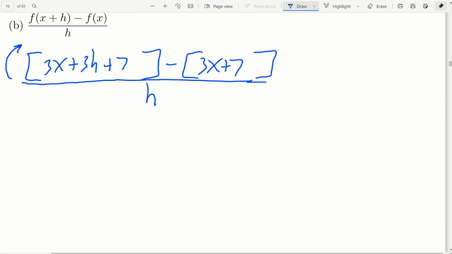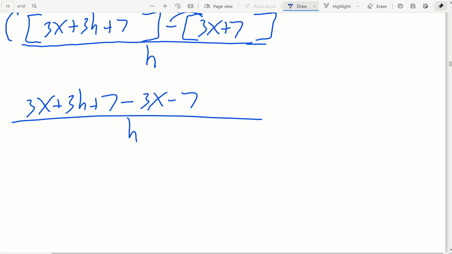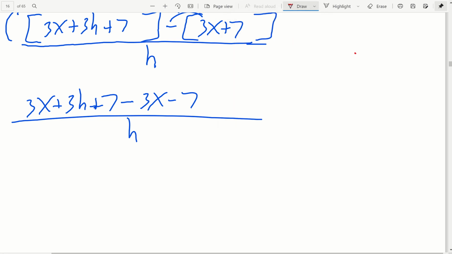To simplify this, we can eliminate our grouping symbols by distributing. Let's distribute the negative sign in. That'll give us a negative 3x minus 7, all divided by h. In the numerator, not only do we have some common terms, but we have some like terms that cancel.